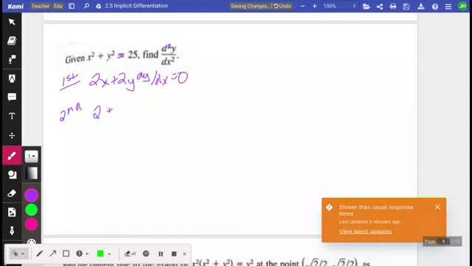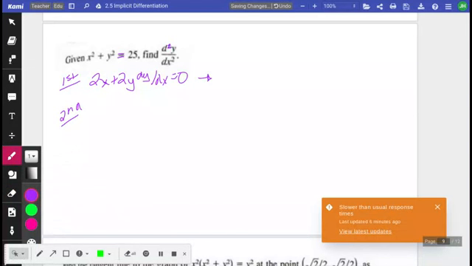When you do this, you have to be careful because you have some strange things going on. So actually, before we differentiate it the second time, we need to solve for dy over dx. We can't do the second derivative as it is there. I was jumping the gun a little bit there. So let's solve this for dy over dx so that then we can do the second derivative.